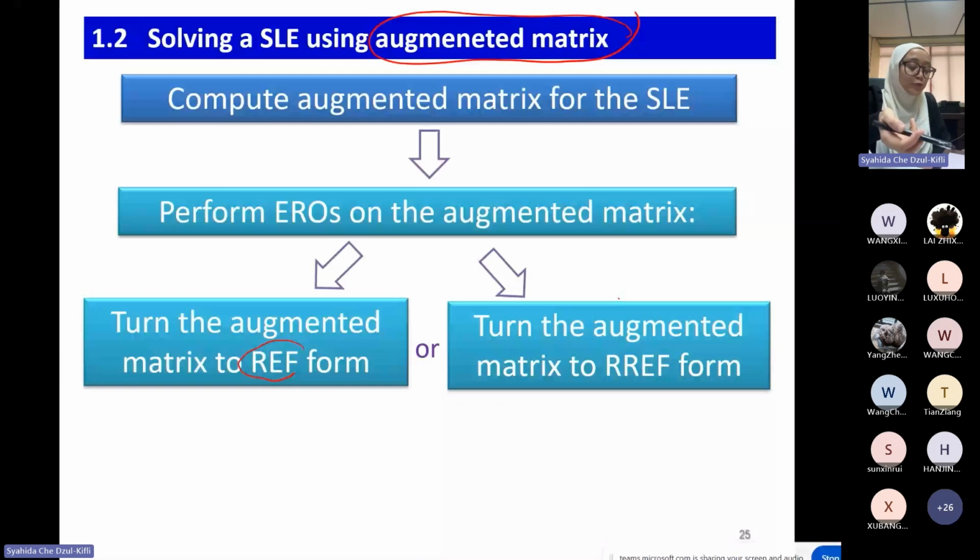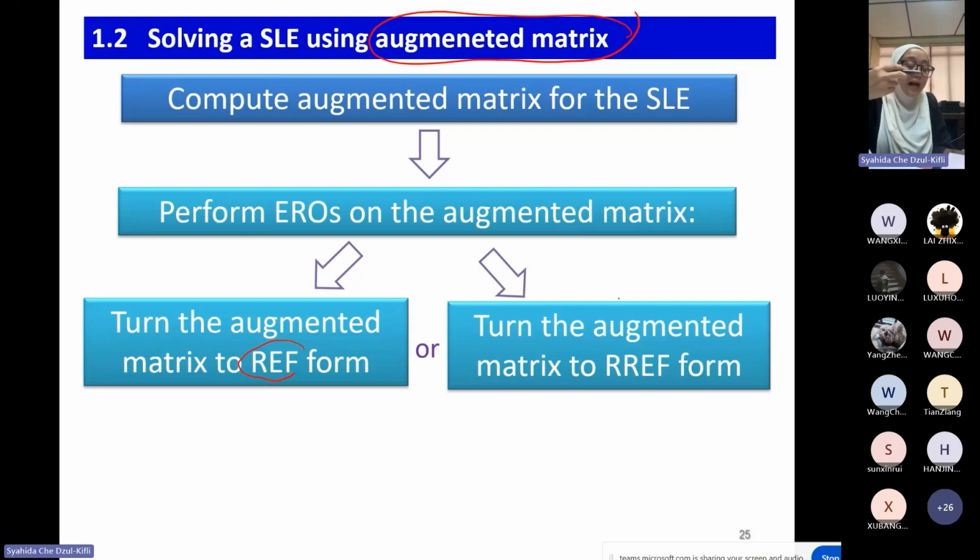If the question wants you to reduce it to REF, then we do that. So bear in mind, we get the augmented matrix and then we perform some elementary row operations to change the matrix to become a very special form called REF form or RREF form.